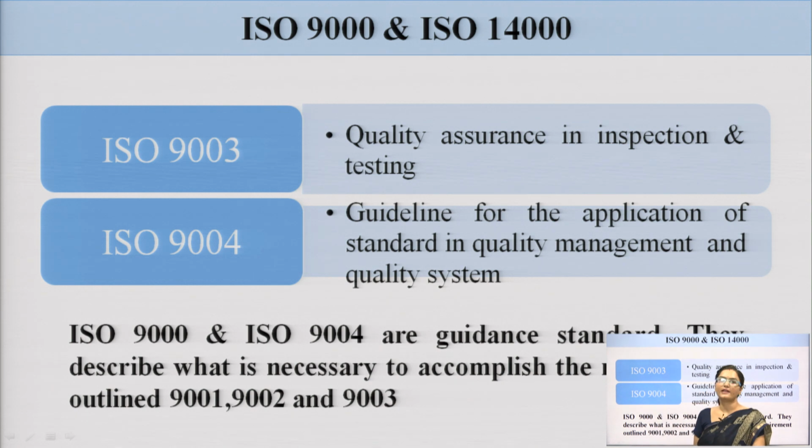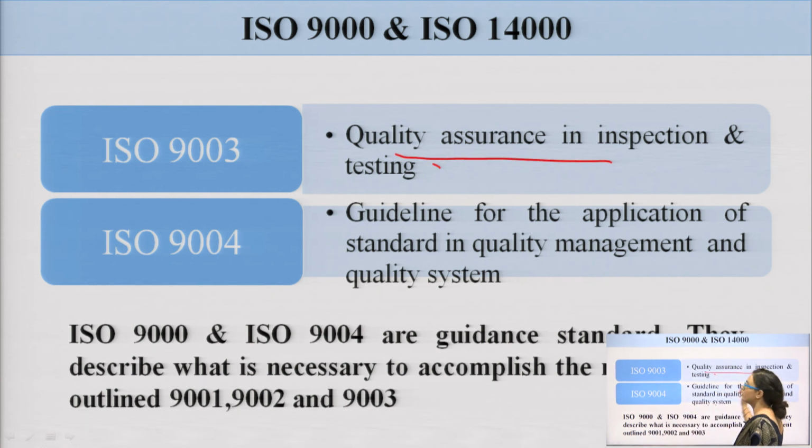Next is ISO 9003. This is for quality assurance in inspection and testing. Next is ISO 9004. ISO 9004 is a guideline for the application of standards in quality management and quality system.